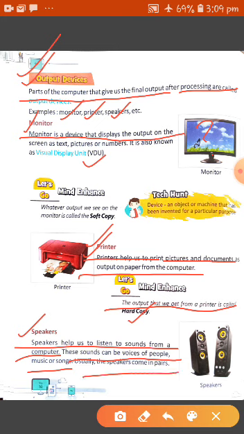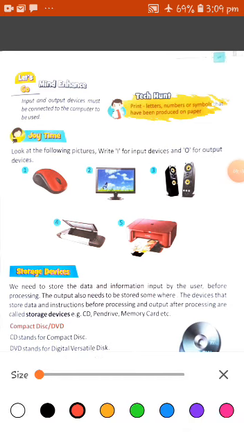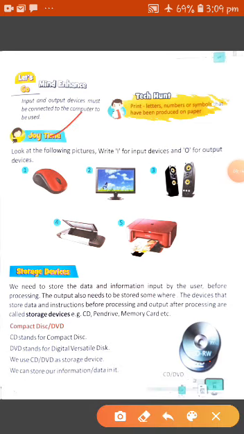Now, joy time. Look at the following pictures. Write I for input devices and O for output devices. So, first picture is mouse, and mouse is an input device. Second, monitor, and monitor is an output device.